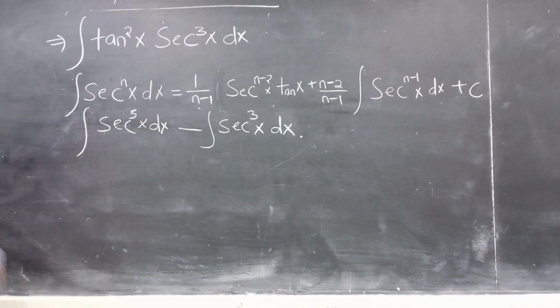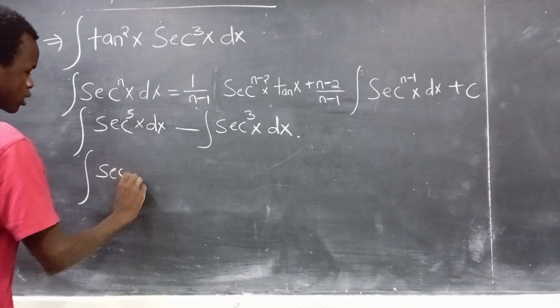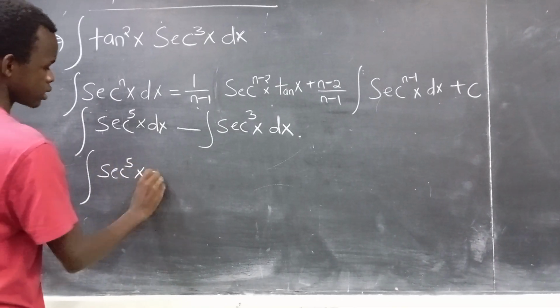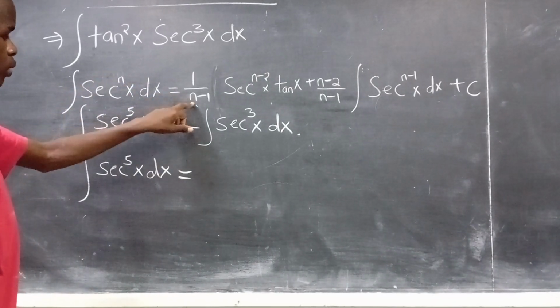I'll be going quick. Starting with this, the integral of secant to the 5 of x dx, I'll just replace n with 5.